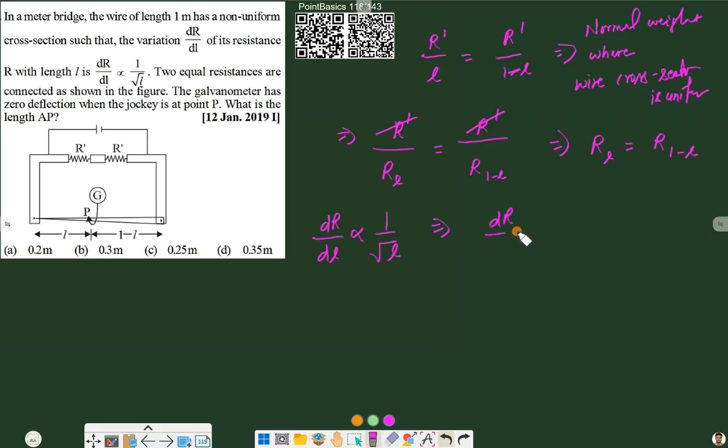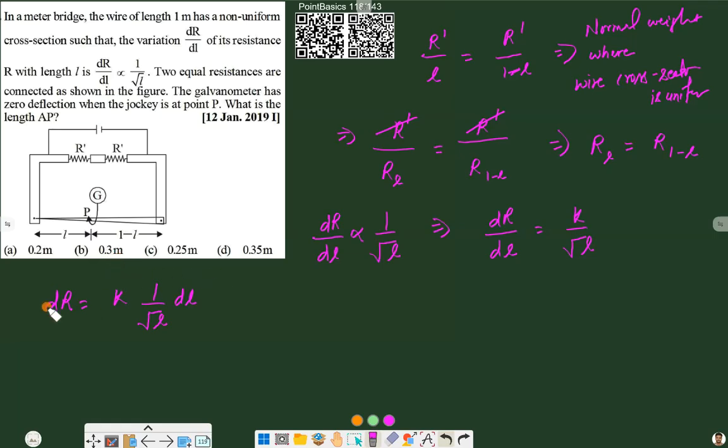So dr by dl is equal to k by root L, and adjusting the variables, dr should be equal to k times 1 by root L into dl. Now we will integrate it up to length L, and then up to length 1 minus L, because we have to find the resistance of both of these parts.